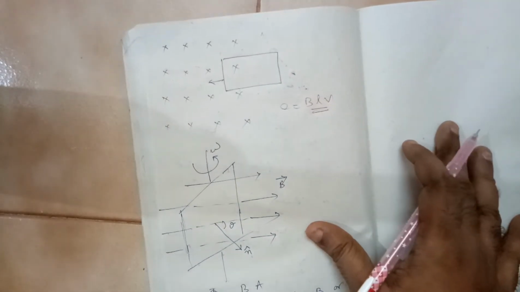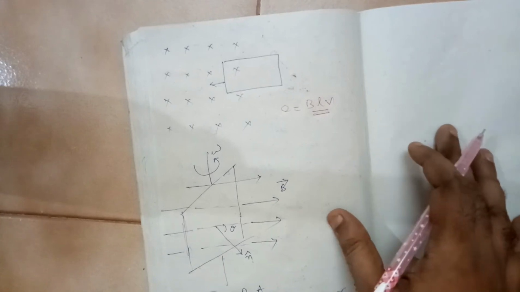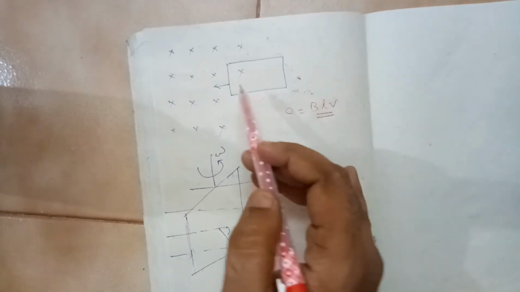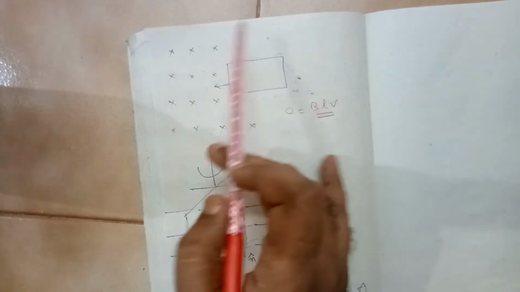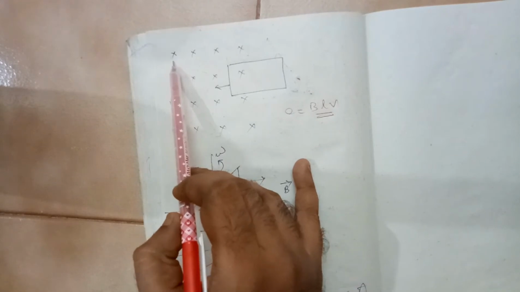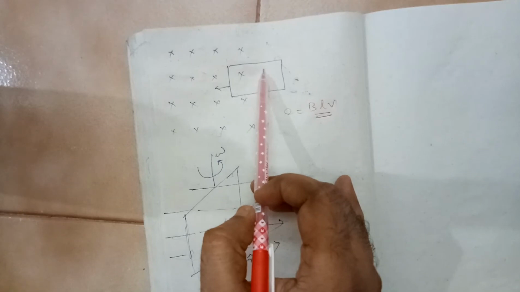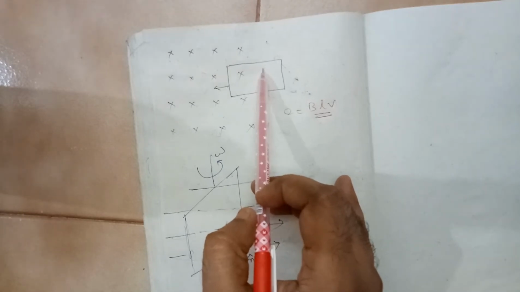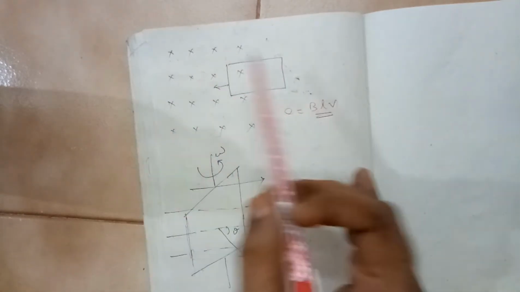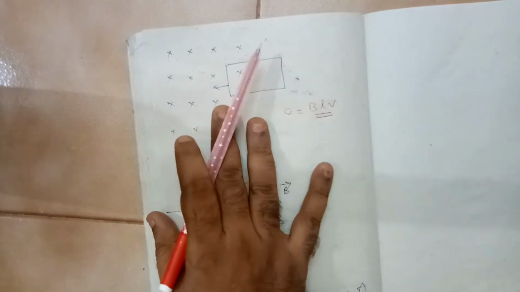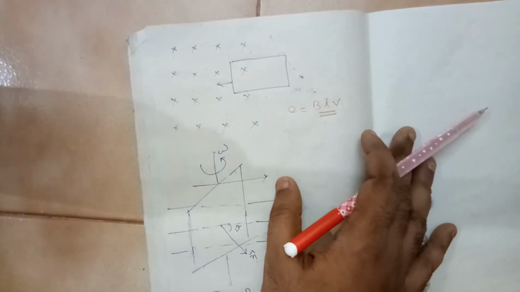Okay, first the point I want to discuss is something different. So we have a magnetic field which isn't moving, but we have an area which is moved inside and outside the magnetic field. So this is creating induced EMF.